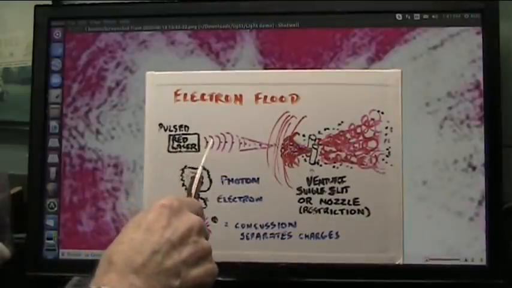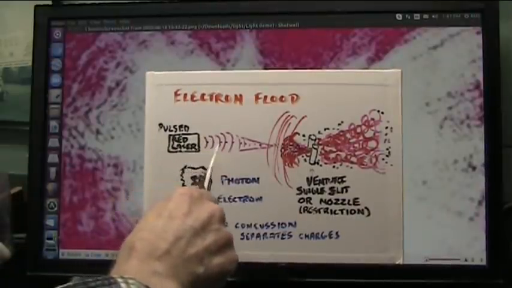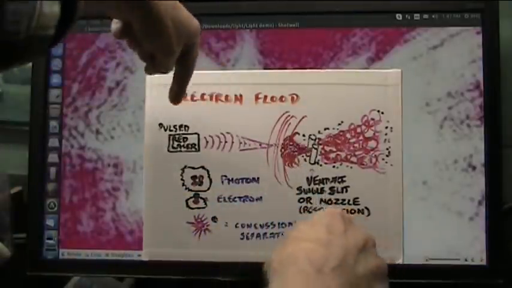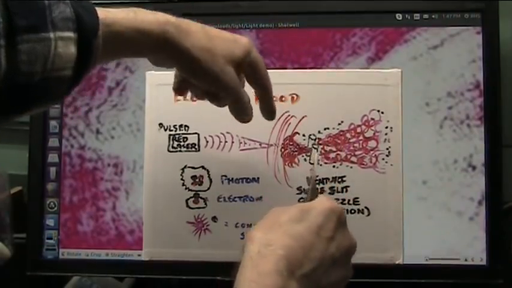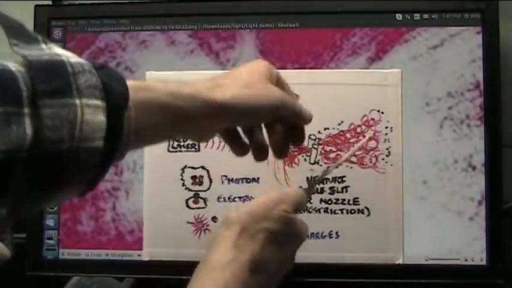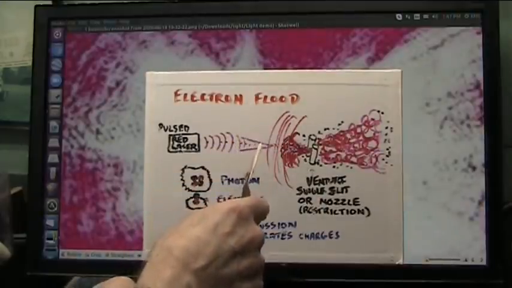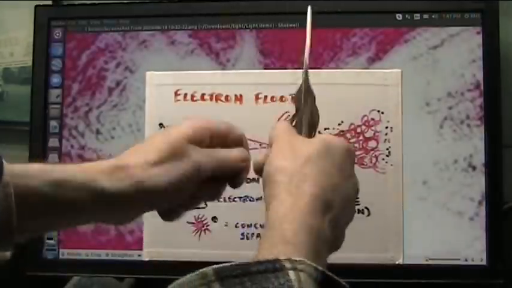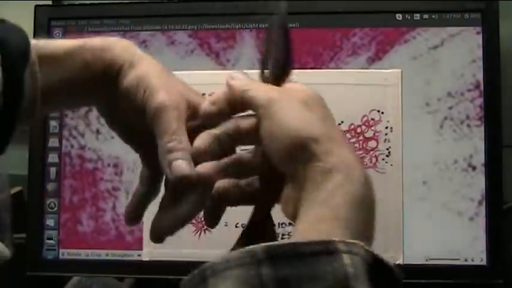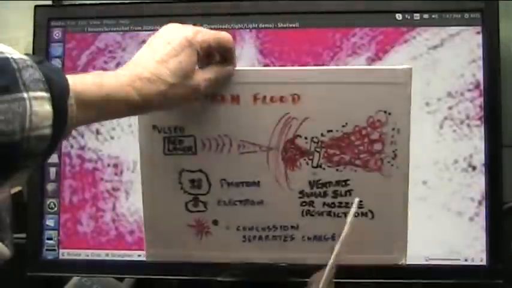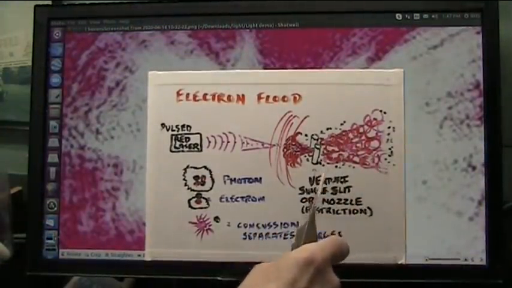The red laser fires the pulses, bip, bip, bip, bip, bip, as they approach the venturi, which literally creates two airplane wings, because everything has to come together and crush through this orifice. As it does, it has to accelerate, just like a nozzle on a hose. It comes out the other side all in disarray with the black balls surrounding it.